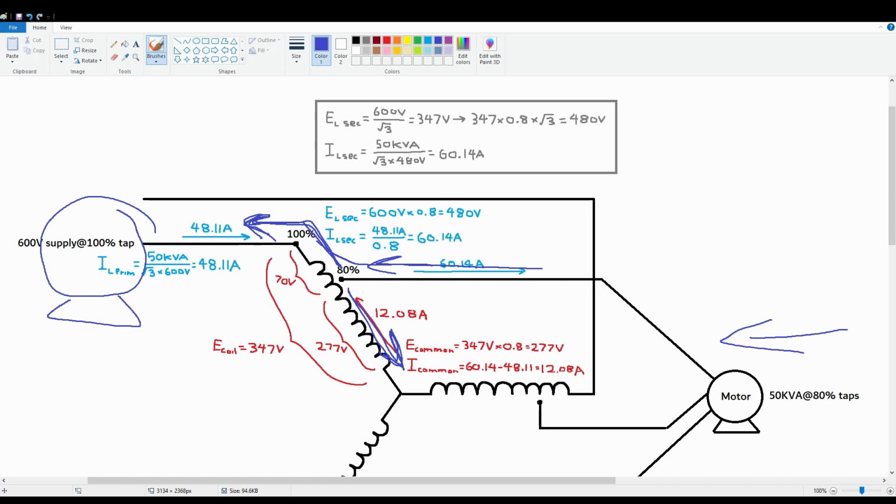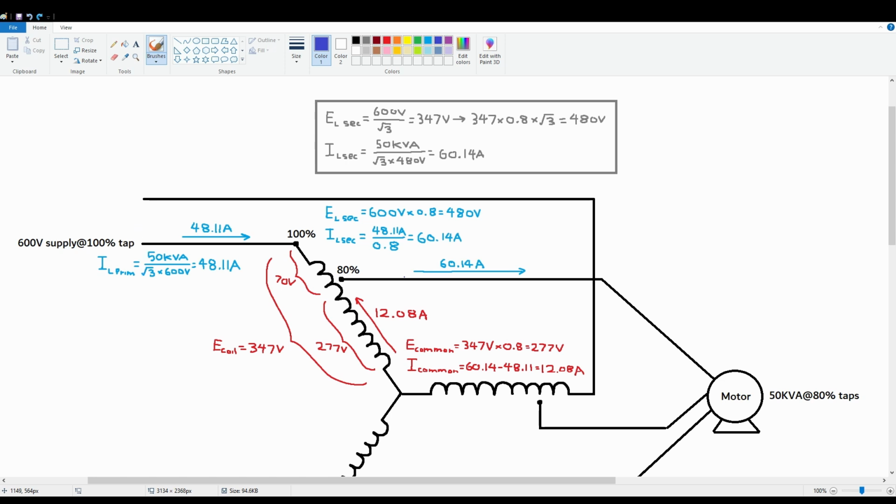It would be splitting instead of adding up, because what we have right here is them combining together. But yeah, that's pretty much it. These are very similar to the open delta auto transformer. They're just slightly more complicated, but yeah, that's pretty much it.